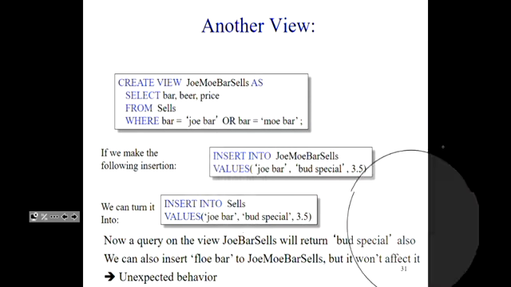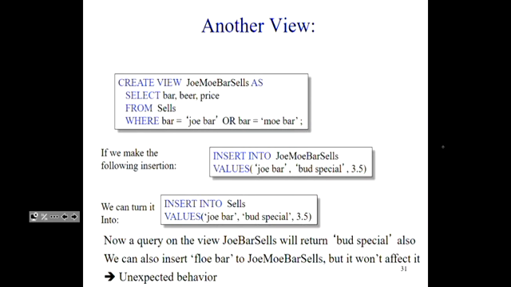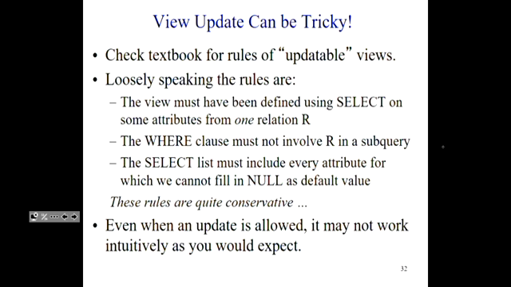This issue is something that's referred to as the view modification problem. This is something that a lot of researchers have spent considerable time thinking about, figuring out how to manage and manipulate. Okay, so there are some rules that people have come up with over time.